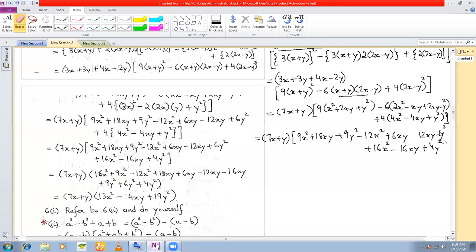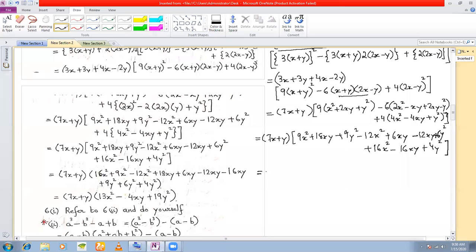And this should be a plus 6xy because we are opening the brackets, and this should be a minus. Okay, so this is what we are getting.